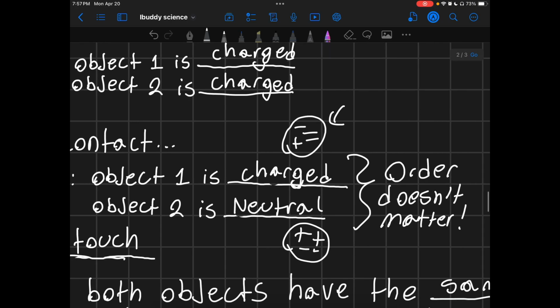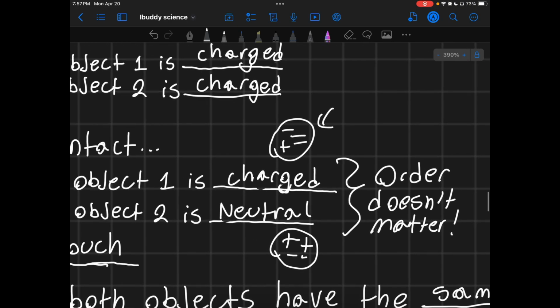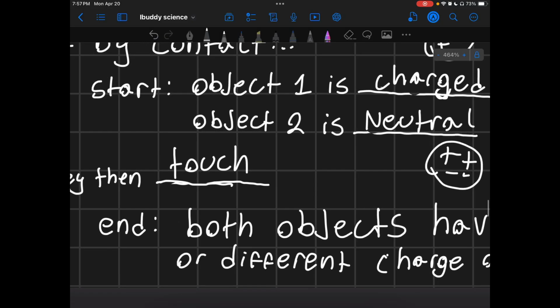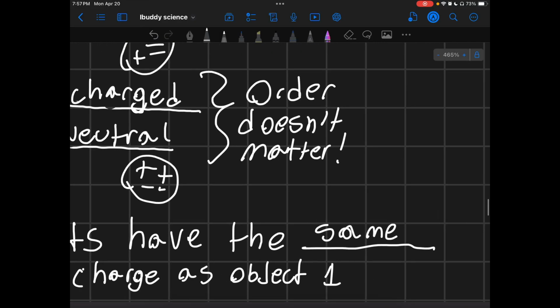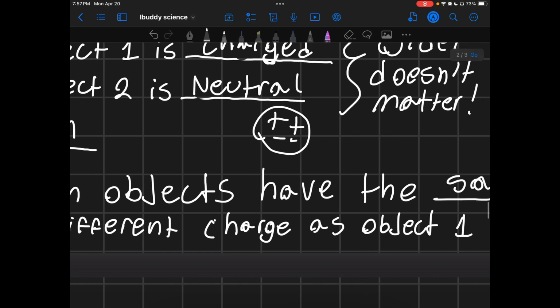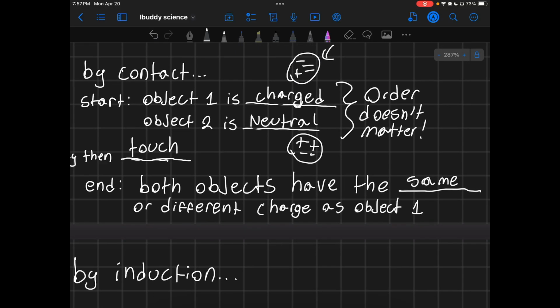For charging by contact, the order doesn't matter. Object one could be neutral and object two could be charged. In this case, they also transfer electrons by touching. In the end, both objects have the same charge as object one or a different one.